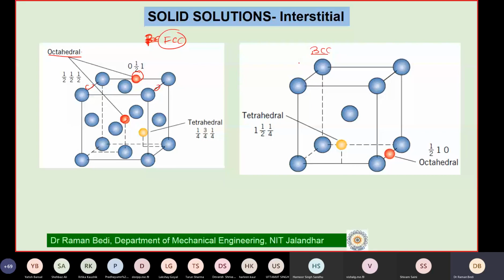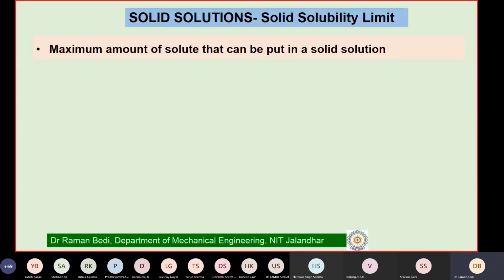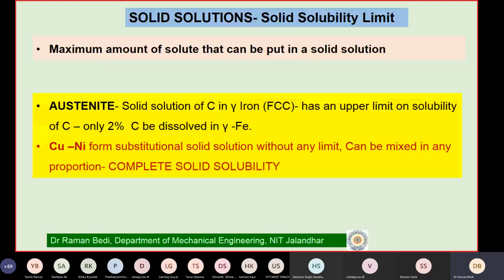Okay. So we already defined what is called the solid solubility limit, the maximum amount of solute that can be put into a solid solution. We already explained that in the case of austenite, the upper limit on solubility of carbon is just 2%. That is, just 2% carbon can be dissolved into gamma iron.